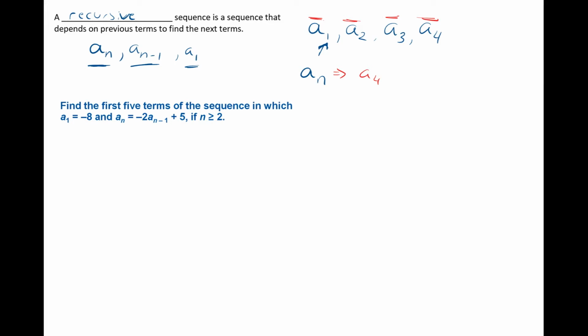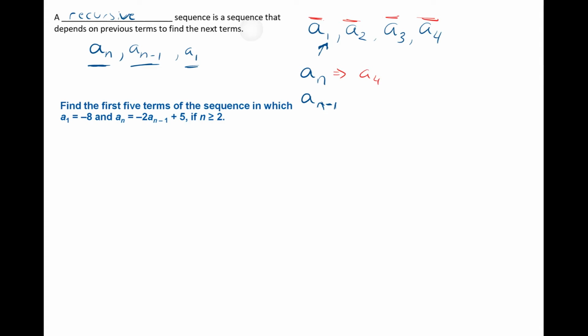Similarly, I can talk about a sub n minus 1, for example. And what's that talking about? Well, again, some general term, but this time, a sub n minus 1 is talking about the nth term and then one behind it, the nth term and then one before it.